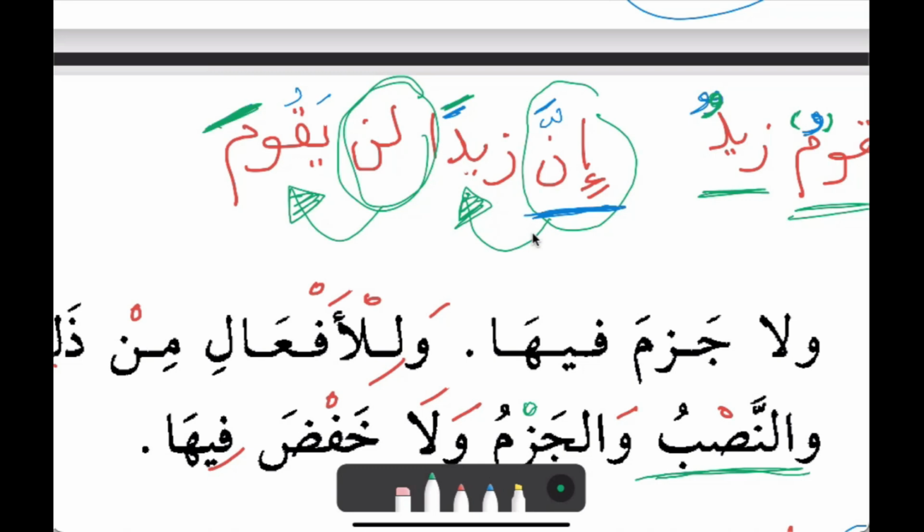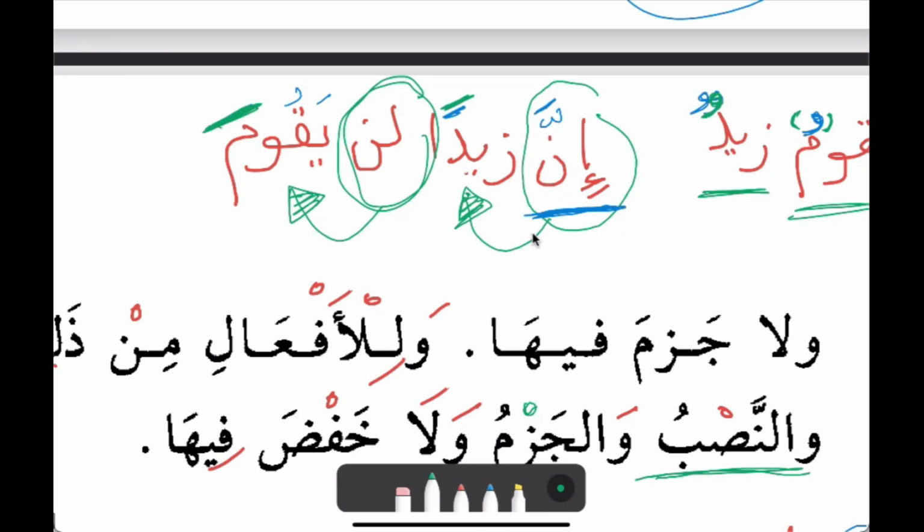That means a pronounced one. Lan harfu nafyin wa nasbin wa istiqbal. We're going to say lan is an accusative particle, a negating particle, and a future particle. Accusative means lan yakuma makes the verb mansub.